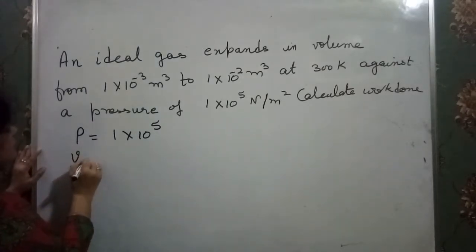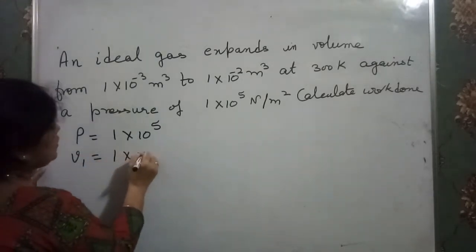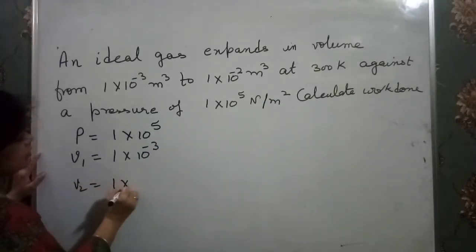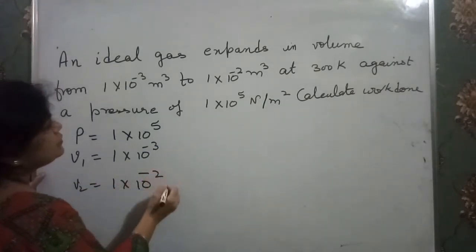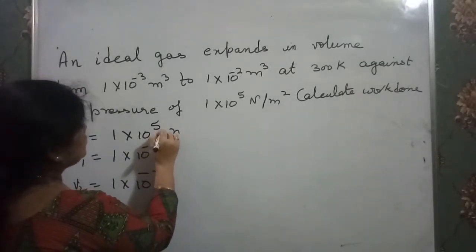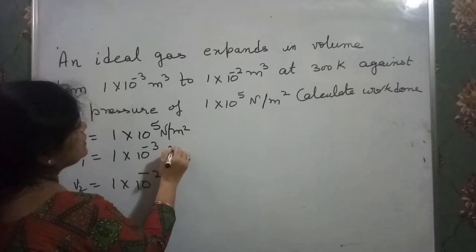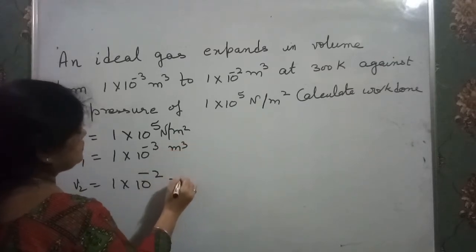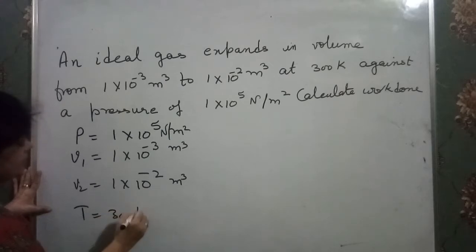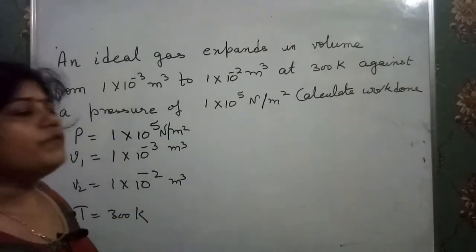Calculate the work done. V1 is 1 into 10 to the power minus 3, and V2 is 1 into 10 to the power minus 2. Clear? All the units are proper, Newton per meter square and meter cube. The temperature given is 300 Kelvin, and we have to find the work done.